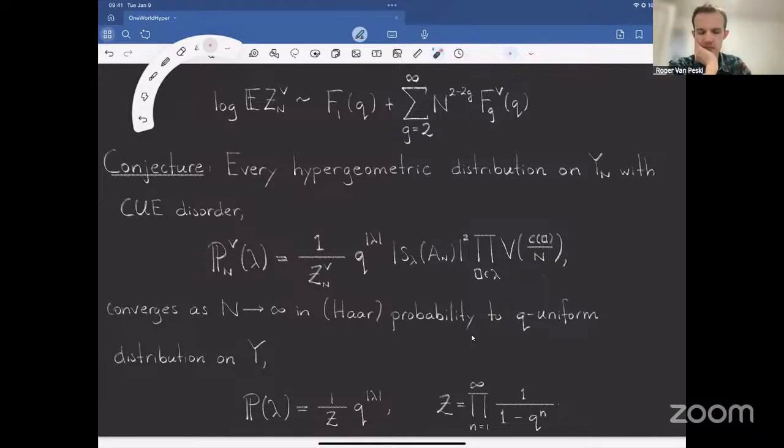That's a random measure. Does it actually converge in probability to a deterministic limit? And that's what I'm saying happens. And what I'm saying, moreover, is that the law of large numbers is actually q-uniform measure on all Young diagrams. So that is the simplest probabilistic phenomenon which I'm basically predicting. And I don't know how to prove that.